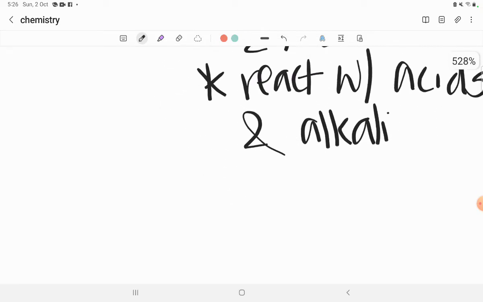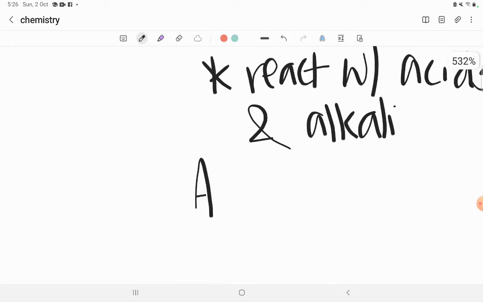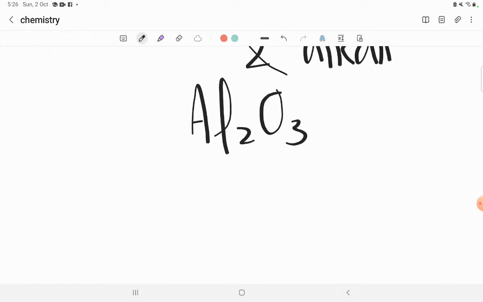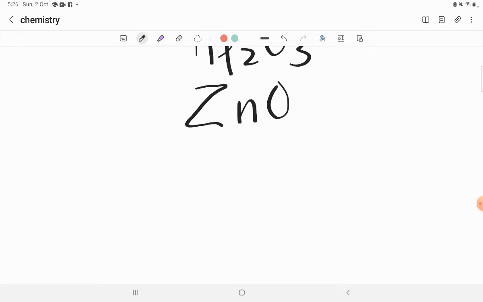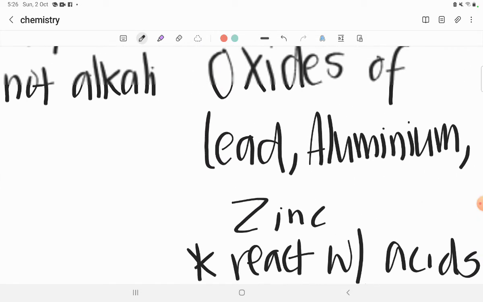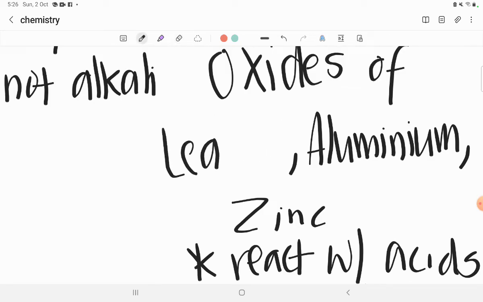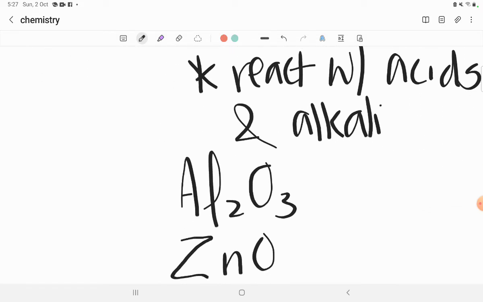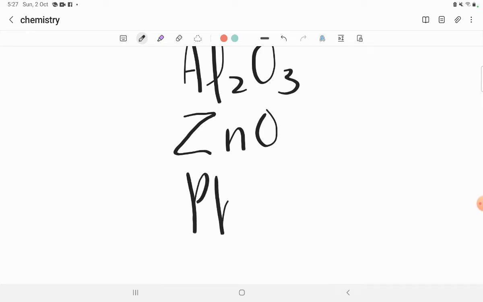So the chemical formula would be aluminium oxide, which is Al2O3, zinc oxide, which is just ZnO. This is my favorite chemical formula, by the way. It's just ZnO. It's so cool. Then it's lead 2 oxide. Oh, it's not just lead, it's lead 2, which is PbO.